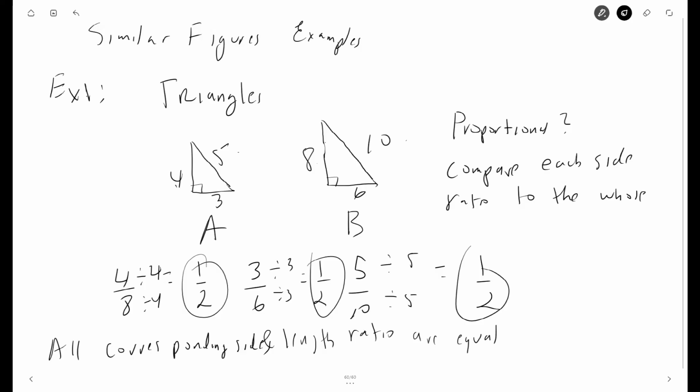That means that triangle A and B are similar. So are they proportional? Yes.